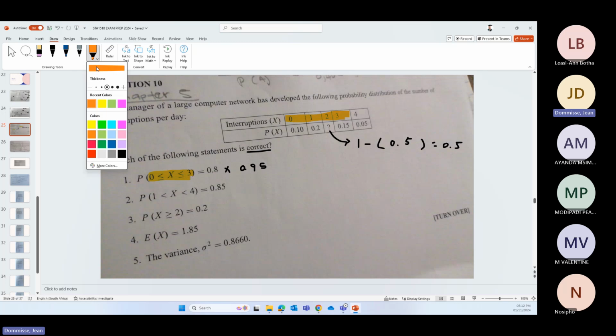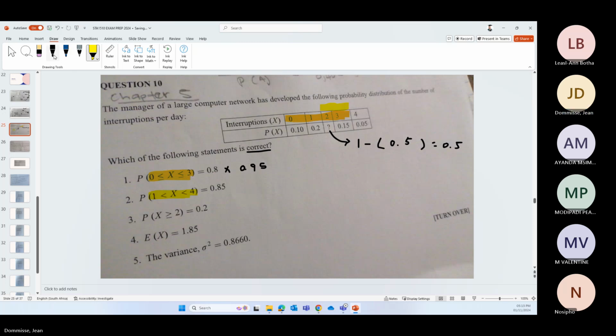Then we look at between 4 and 1, so not including 4, and bigger than 1, so not including 1. Then we only have 2 and 3. So that's 0.5 plus 0.15, so that is 0.65.